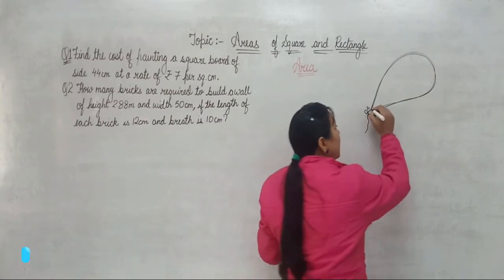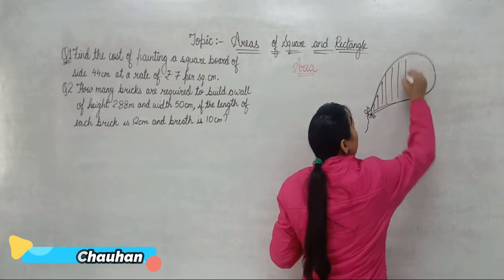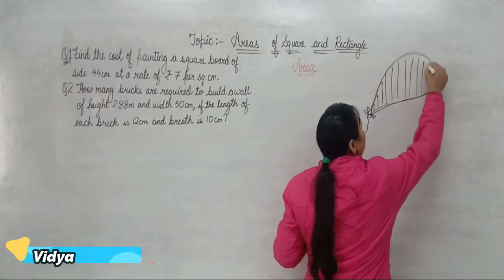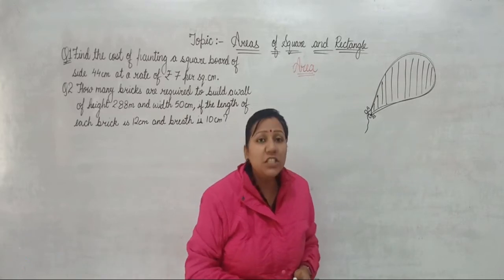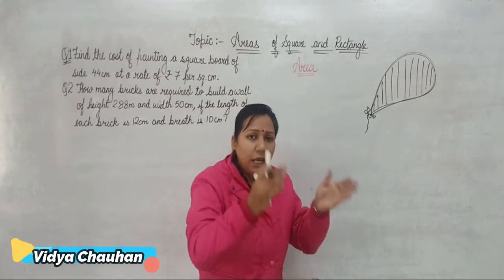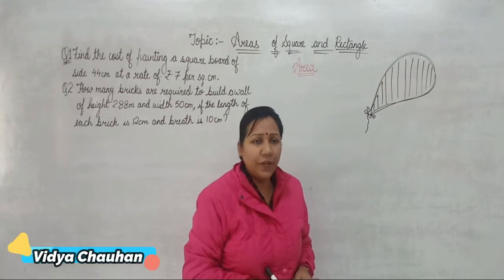Now coming to the second part, which is area. So area is actually the space occupied, the space covered by the shape. Whatever the shape is, how much space it is covering on any plane figure, that is called the area of the figure.